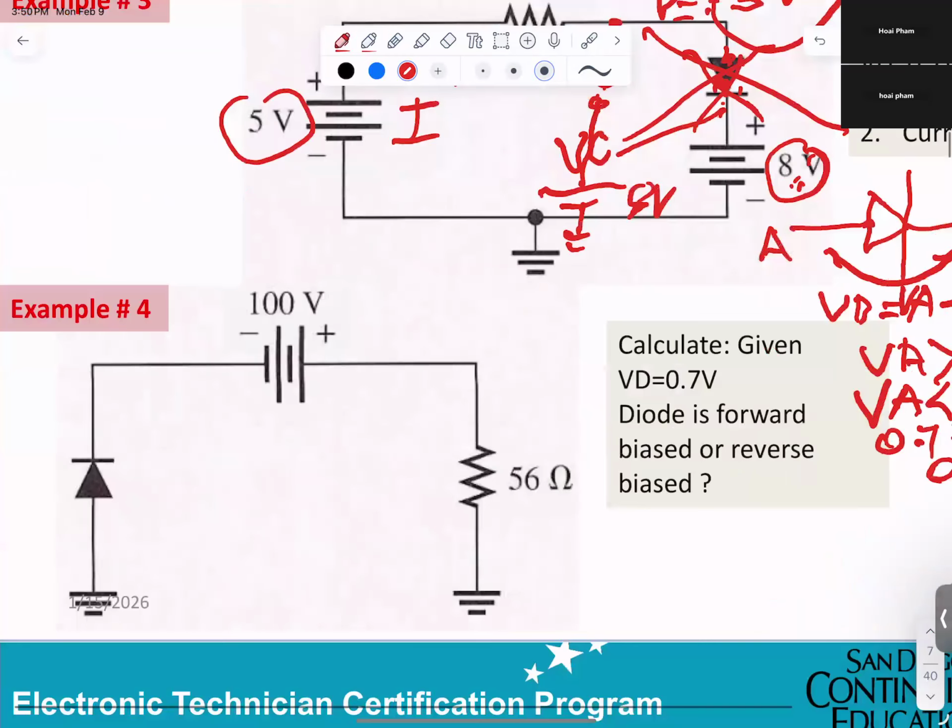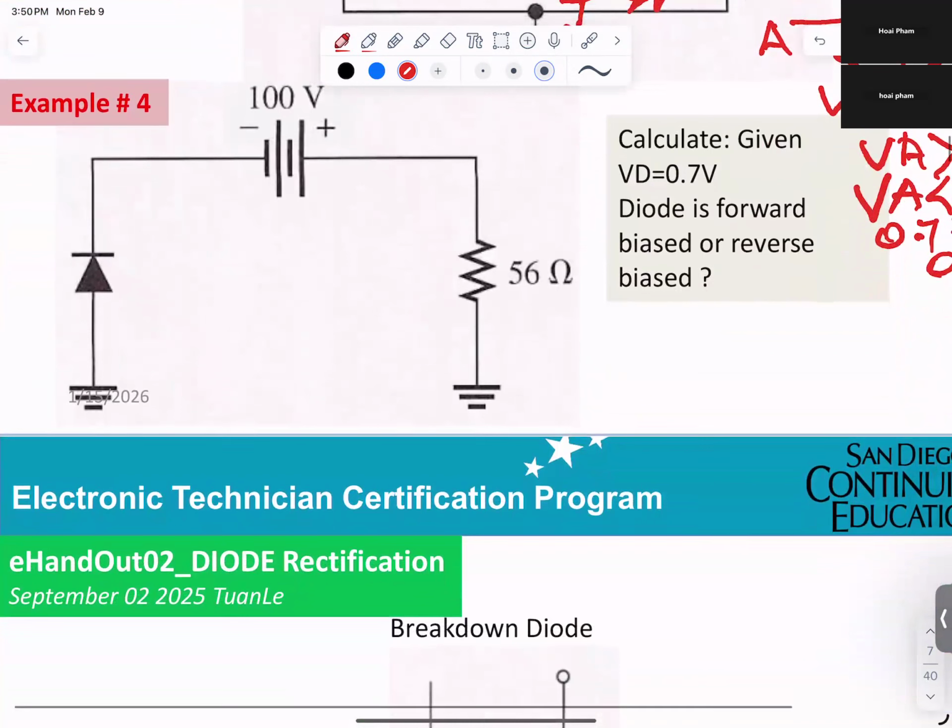I think the last one. Diode forward bias or reverse bias.